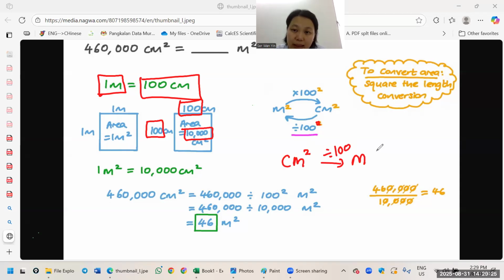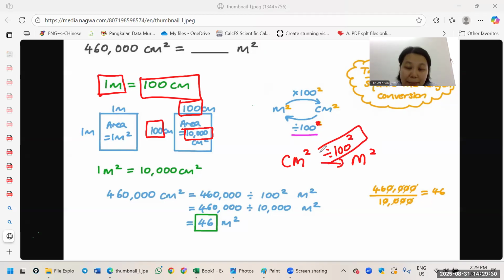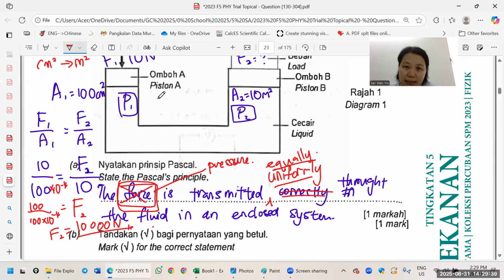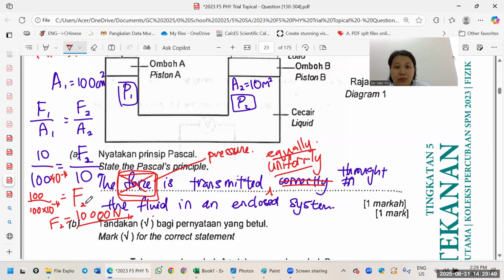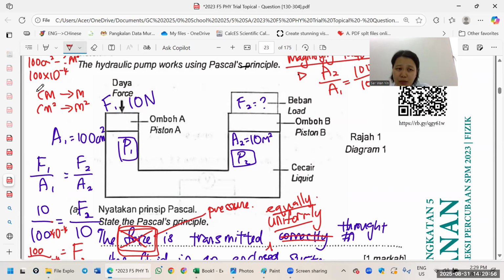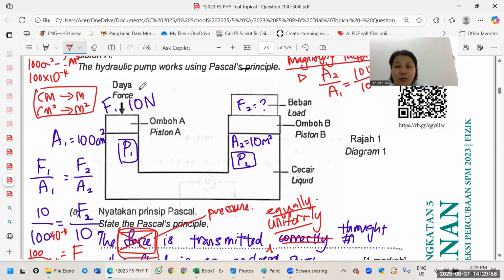Then if you square here, you also need to square the number you divide. So be careful, this one. Last year trials, I forgot which year, they really got this. So be careful lah. The normal one, you all want wrong one. As long as you know this, but the problem is remember the unit conversion.